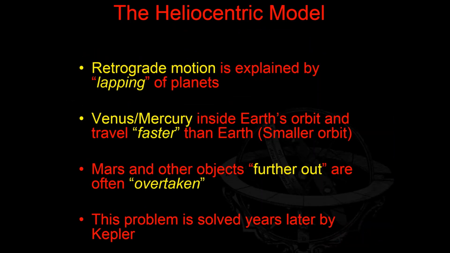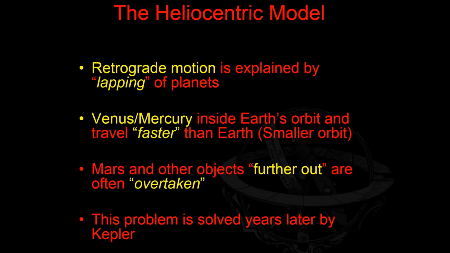So, in terms of the heliocentric model, people would say, well, the heliocentric model's all well and good, but it can't possibly explain retrograde motion. But it does. Retrograde motion is actually explained in the heliocentric system by the lapping of planets. Venus and Mercury are inside the orbit of Earth and travel faster than the Earth because of their smaller orbit.